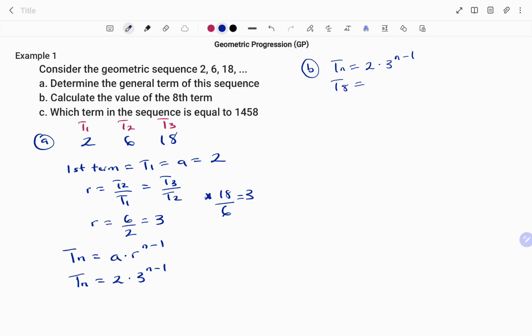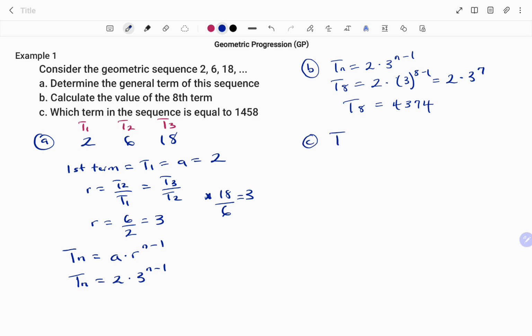So I have T8 equals 2 times 3 to the power of 8 minus 1, and that's going to give me 2 times 3 to the power of 7. If you punch that in your calculator, you're going to have T8 equals 4,374.